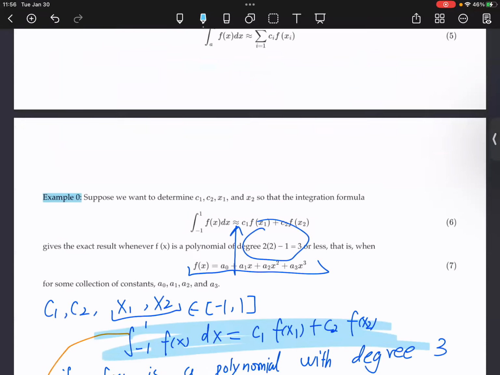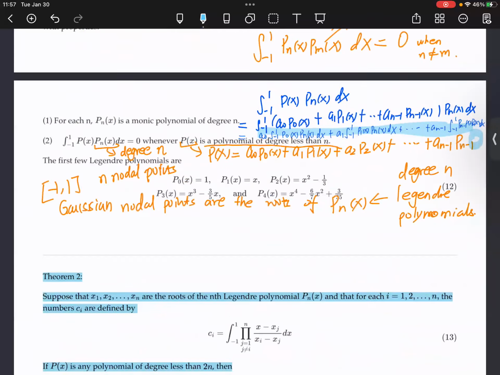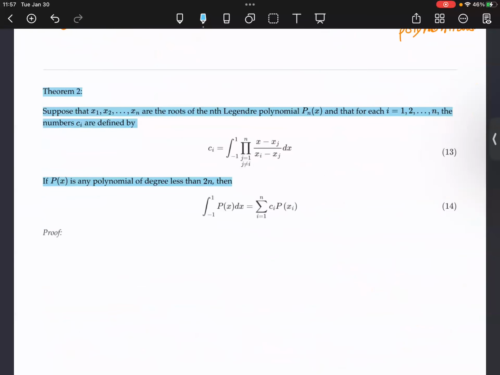So next, this is the theorem, and this is the quadrature rule for the n nodal points. Let's take a look at the statement first. This theorem tells you that for the Gaussian quadrature rule, the n nodal points are decided in this way. They are the roots of the nth Legendre polynomial.